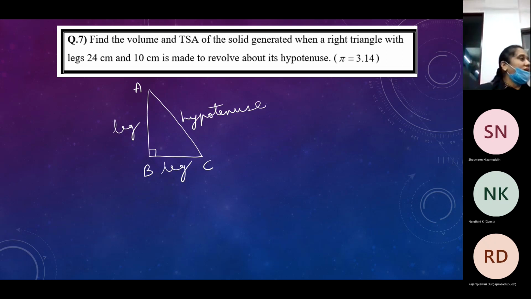Now, what we have studied in standard 9 is when a right triangle is revolved about one of its legs. Can you just give me open? You have a paper with you? Anybody has a loose paper? Oh, I think I have it.